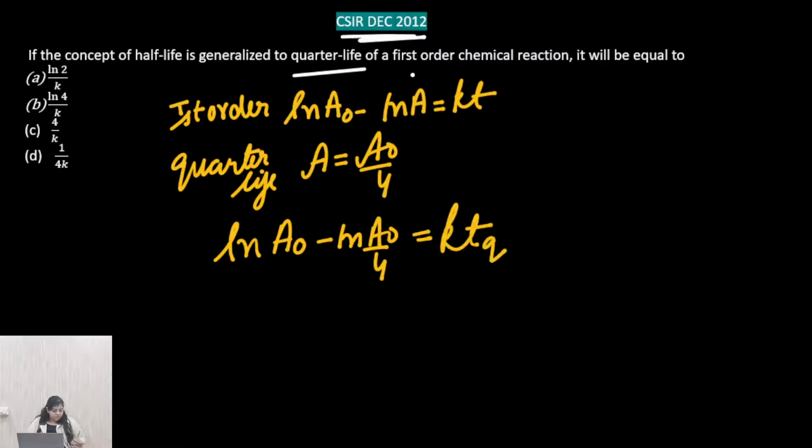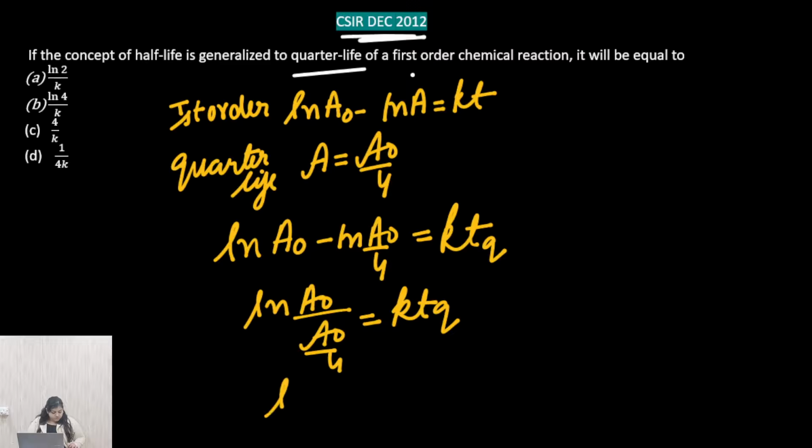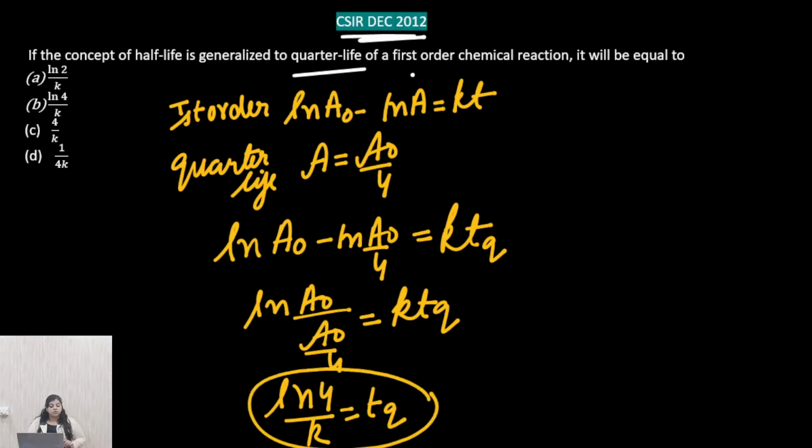This is the quarter. It will become natural log of A naught upon A naught upon 4, equal to k t quarter. This is natural log of 4 upon k, it will be equal to t quarter. Right. So natural log of 4 upon k, that is in option B, it is given to us.